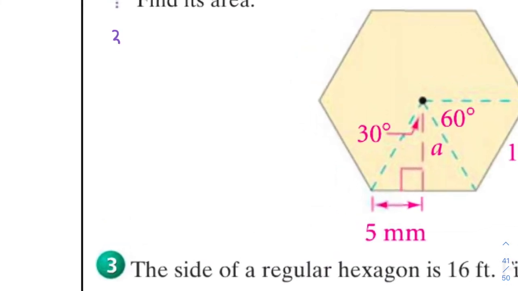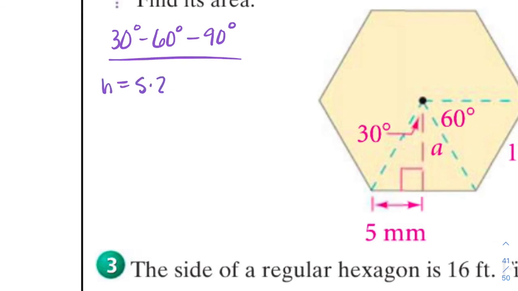So in a 30, 60, 90, we have H equals S times 2 and L equals S times the square root of 3.